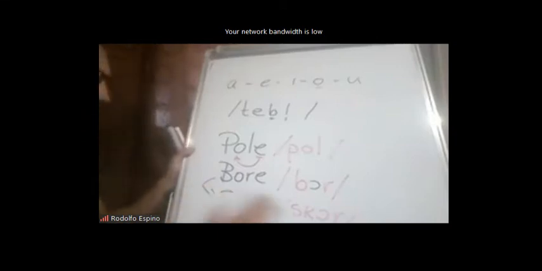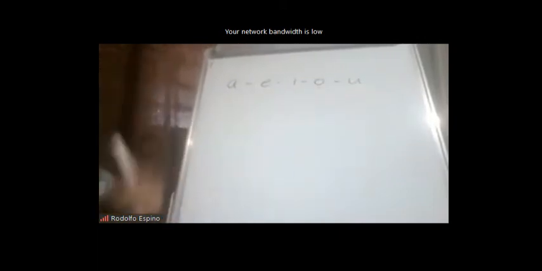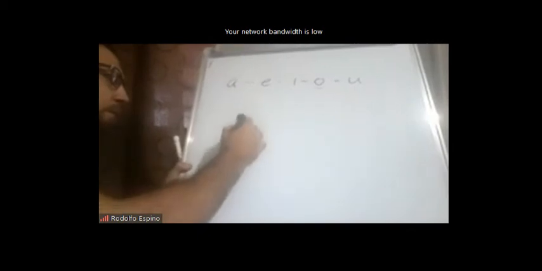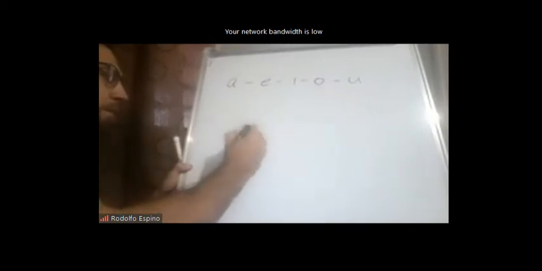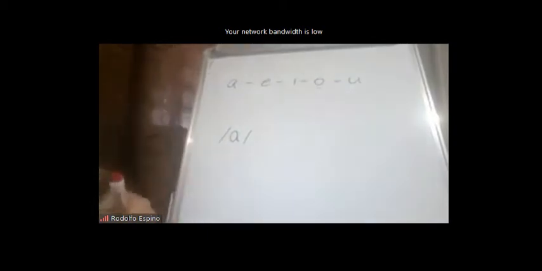Okay, another tip I want to give you is, let's talk about the A, right? The A sound. It's interesting that this letter here, A, has so many different pronunciations. It could be A, as I explained before, right?